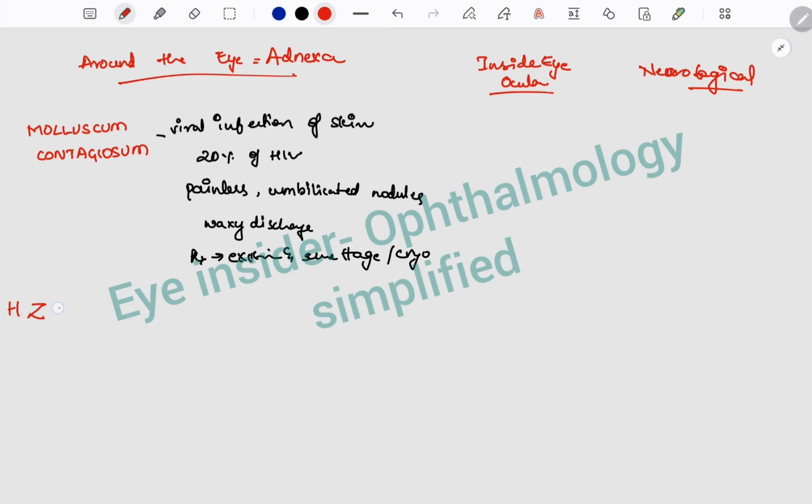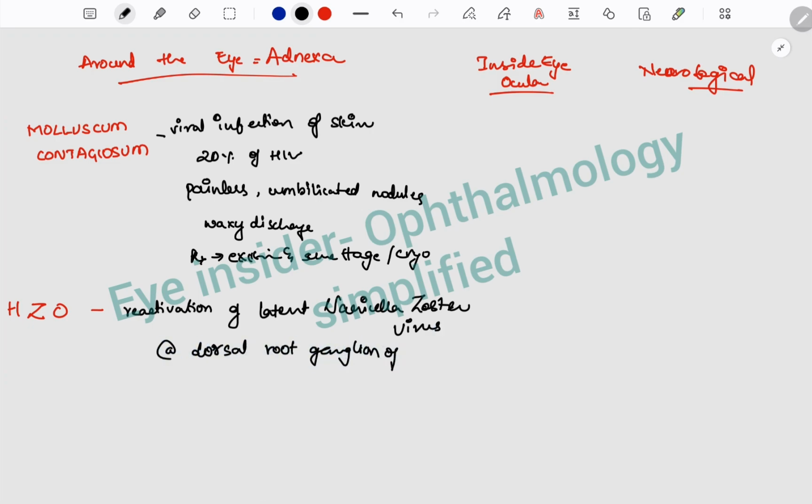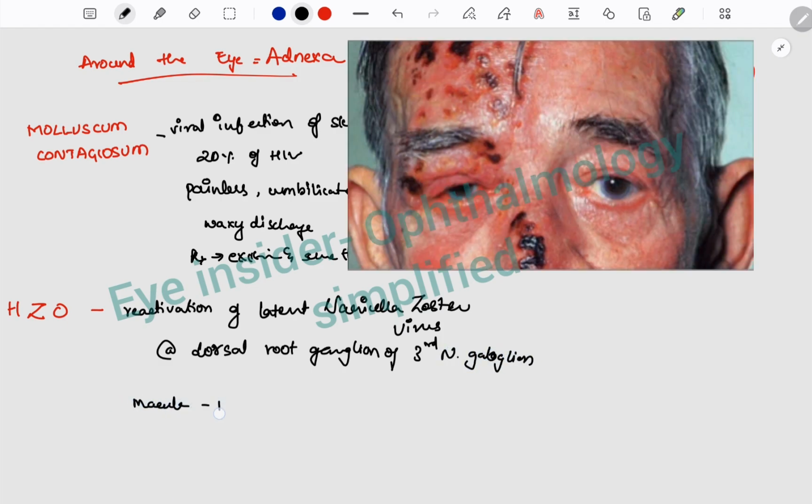The other lesions include herpes zoster ophthalmicus. It is the reactivation of latent varicella zoster virus. This virus, that is shingles, is located at the dorsal root ganglion of the fifth nerve, that is the trigeminal ganglion.